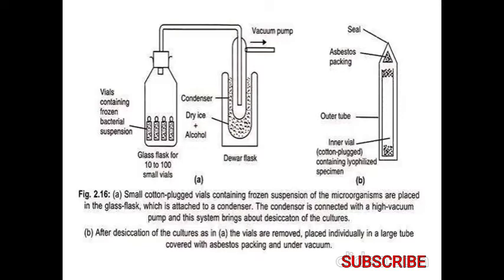This is the asbestos packing. Above, you can see a very small dotted structure, in between there is an outer tube, and downside there is an inner vial filled with a cotton plug containing the lyophilized specimen. This is the technique of lyophilization.